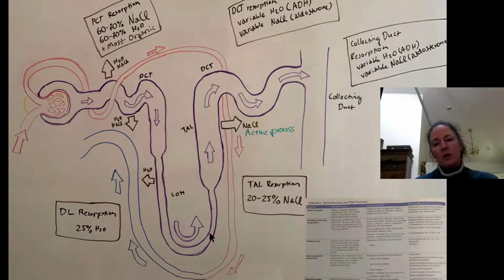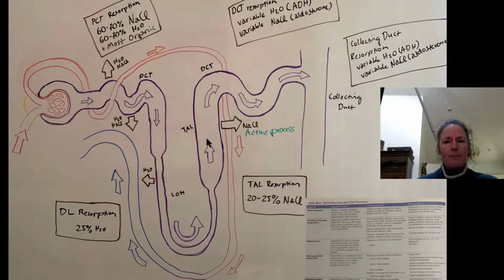Now, as we turn and go to the ascending limb, especially the thick ascending limb, we're going to have the active pumping of sodium chloride out of the thick ascending limb and into the interstitial space. And that is going to set up something called countercurrent multiplication. Because as the filtrate enters the thin descending limb, we're going to lose a lot of water.